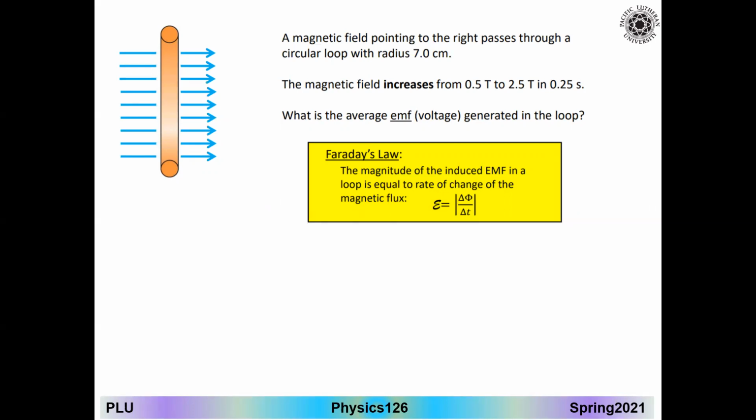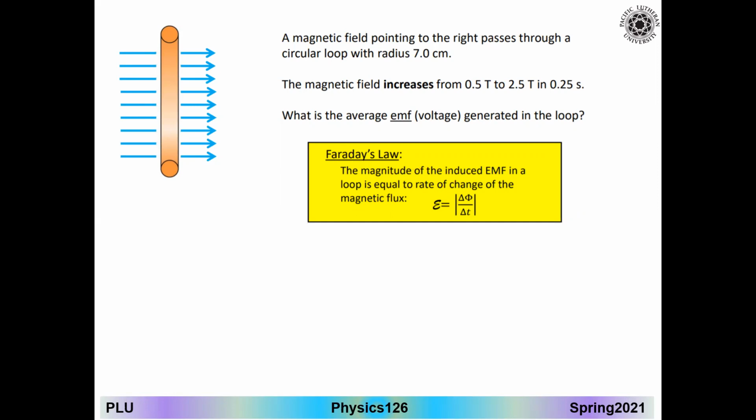Faraday's law states that the magnitude of the induced EMF in the loop is equal to the rate of change of the magnetic flux, delta phi divided by delta t.